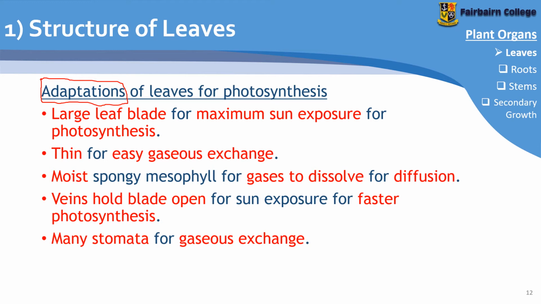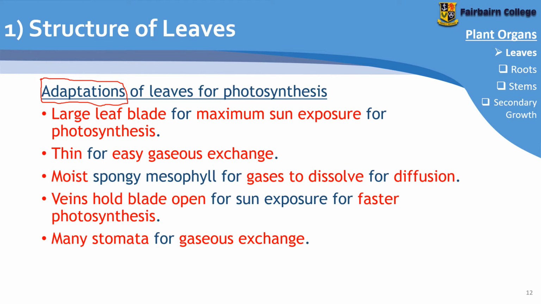Next, the leaves are quite thin, and the epidermis of the leaves is also quite thin, and both of these are to maximize gaseous exchange. This allows gases to move through the leaves as quickly as possible, so it doesn't get hung up on that process, and gases can just move in and out very quickly.